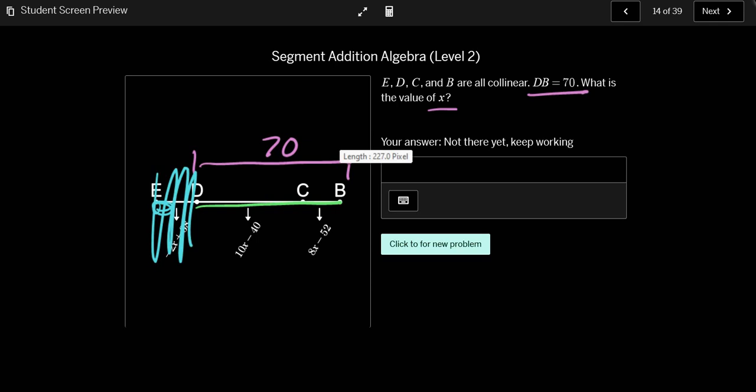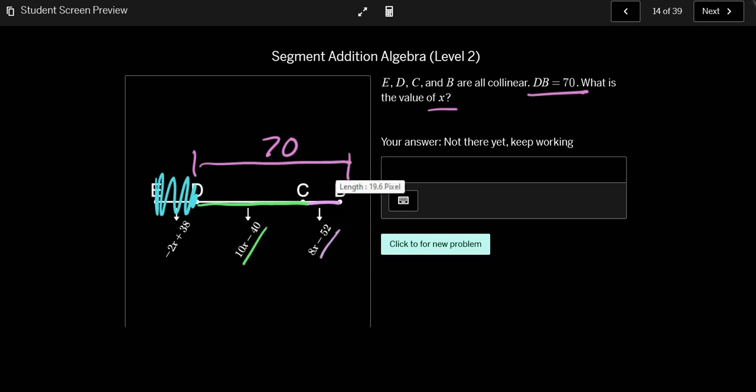Well, if I look at that section, I know it's 70, but I also know that it's made of 2 parts. It's made of my first part, which is 10x minus 40, and it's made of my second part, which is 8x minus 52.